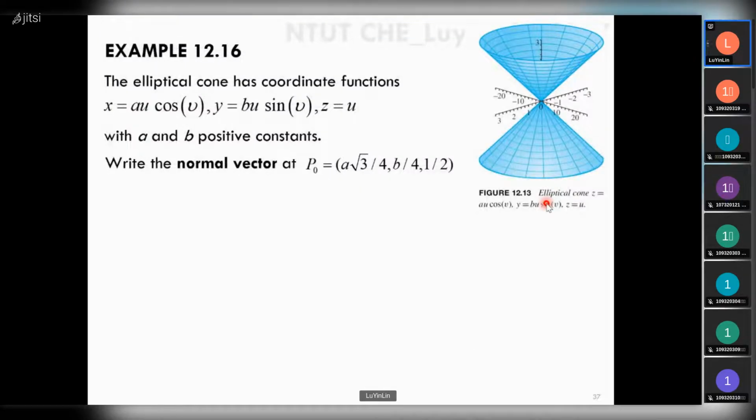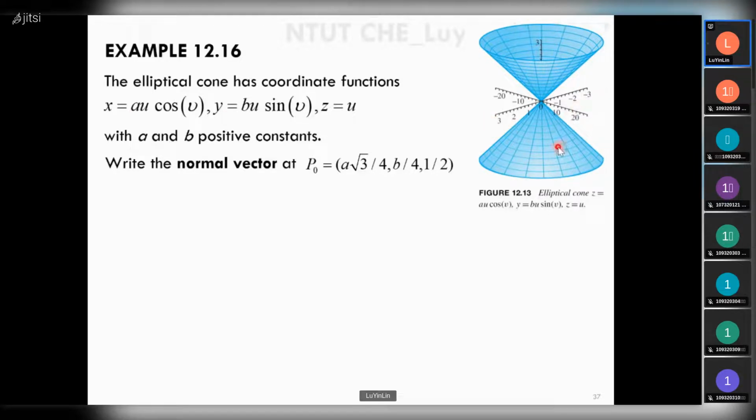One example, let me finish this example before class is dismissed. This is a surface called an elliptical cone. And this is the coordinate function.